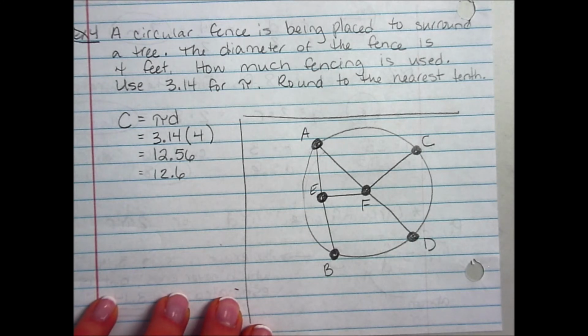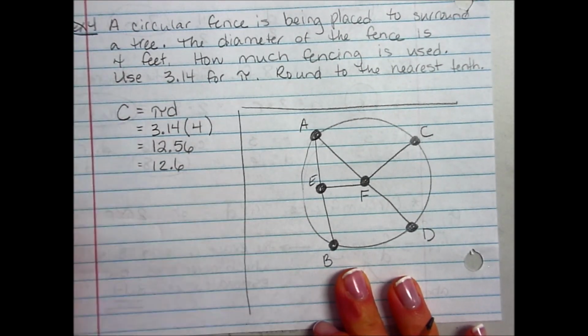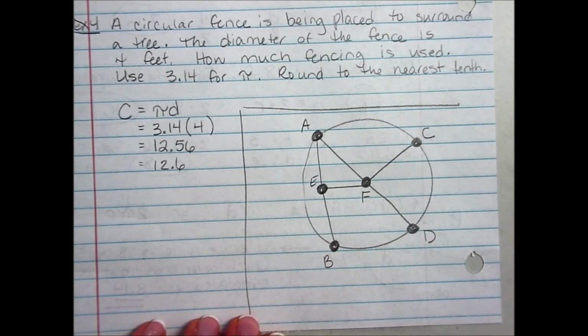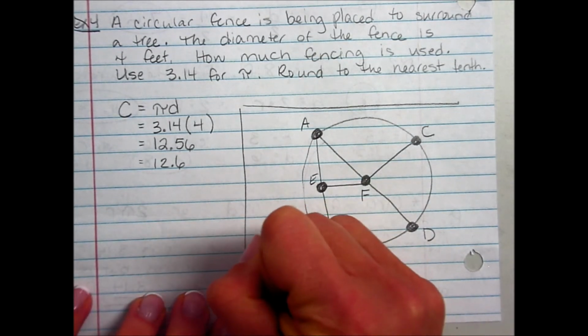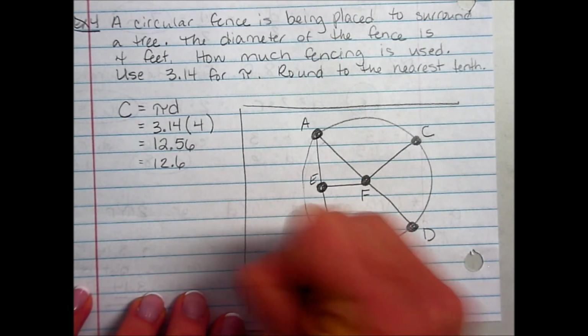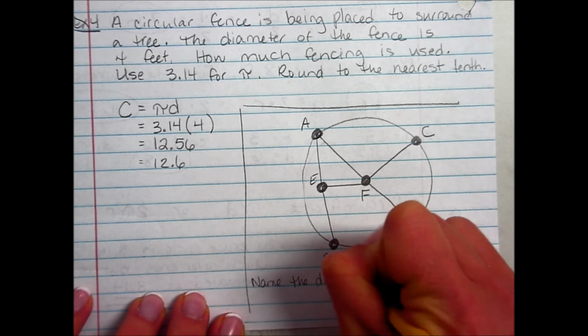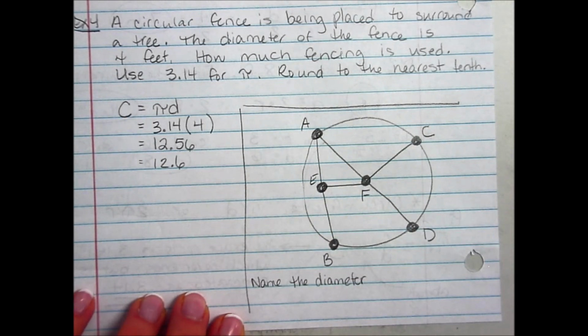Okay, so when we're naming the diameter, we could name it by the line segments, and they're labeled with different letters. So if it has a question that says name the diameter, think about the rules for diameter.